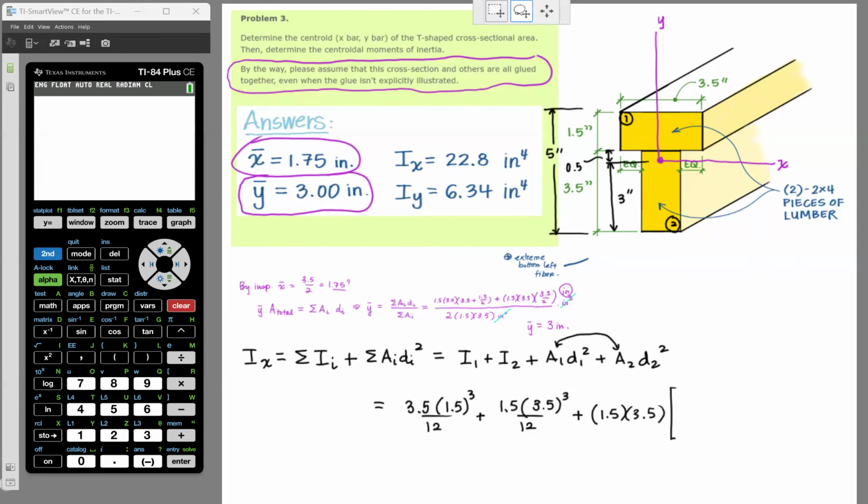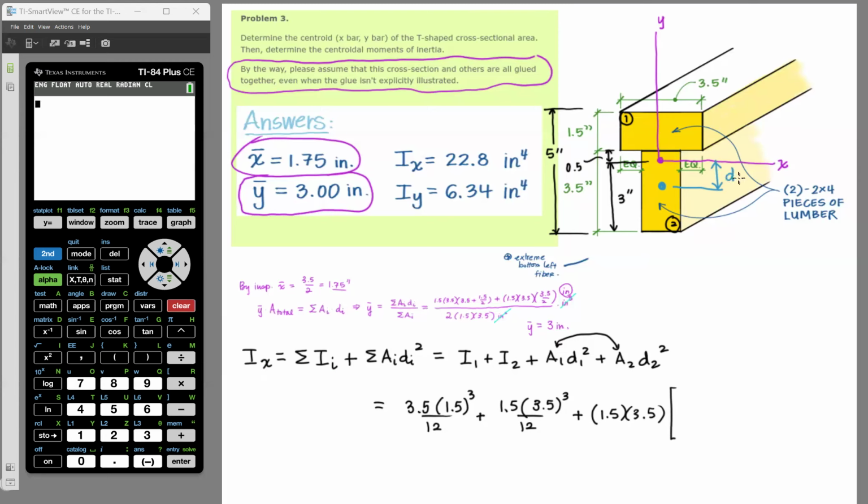Okay. All right, so this is where a lot of mistakes get made. The distance that we want is from the center of the component to the centroidal axis that we're interested in, namely Ix.